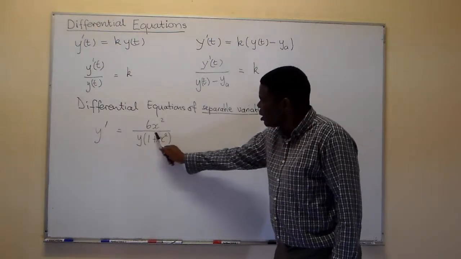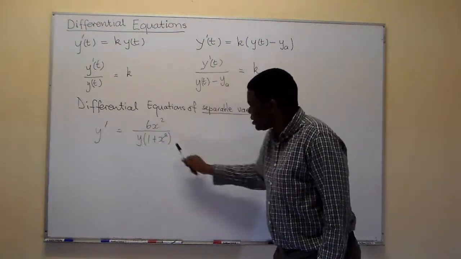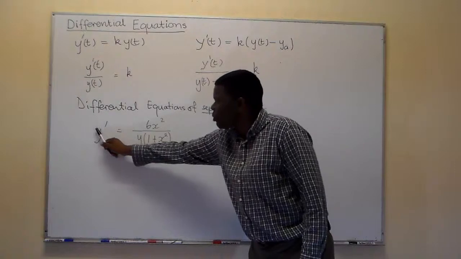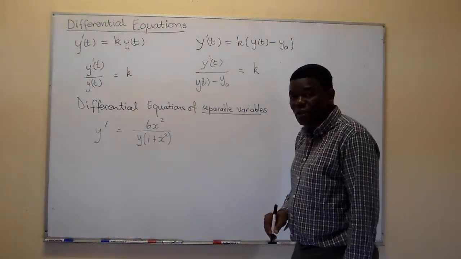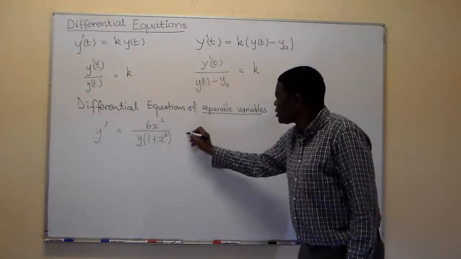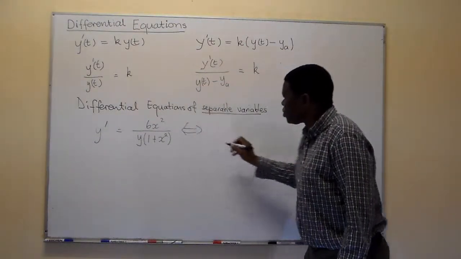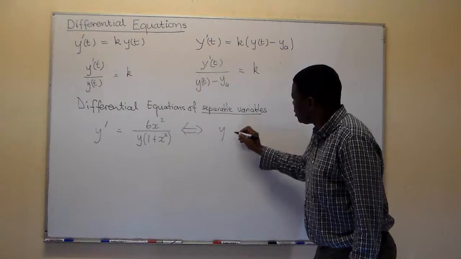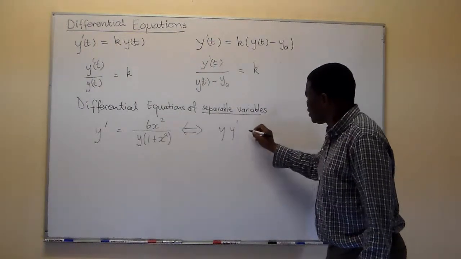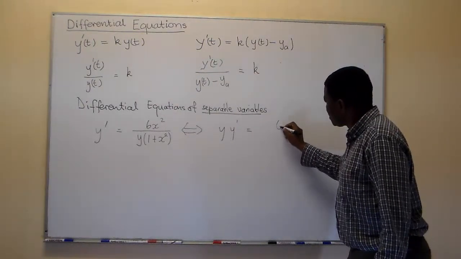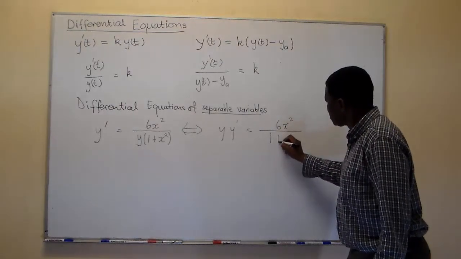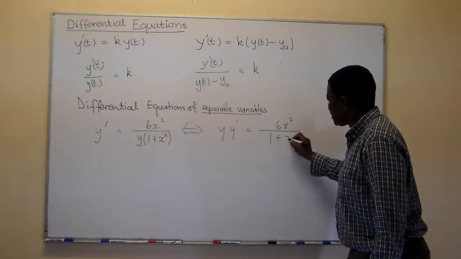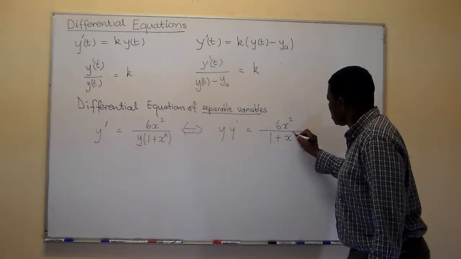We can see that if we multiply by y on both sides, we're going to have y y prime here, and here we're going to have an expression of x only. So doing that, we've got y y prime equals 6x squared over 1 plus x cubed.